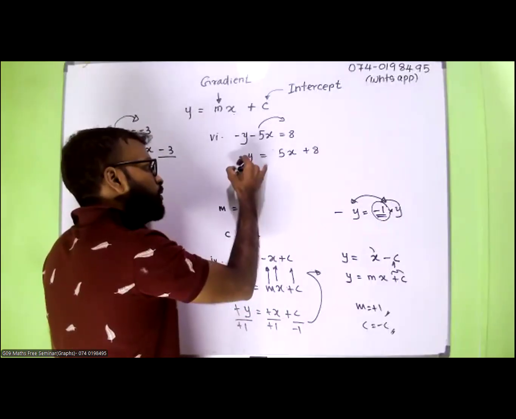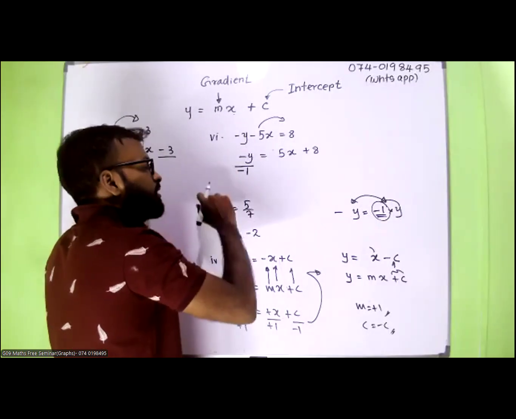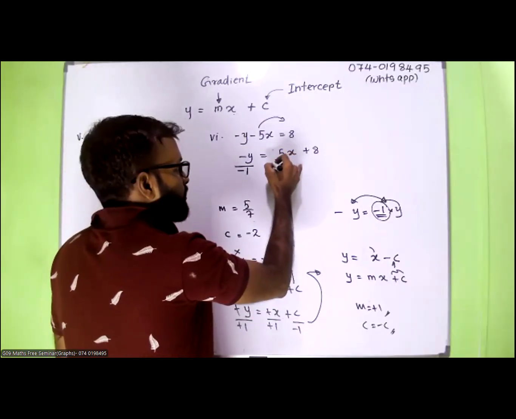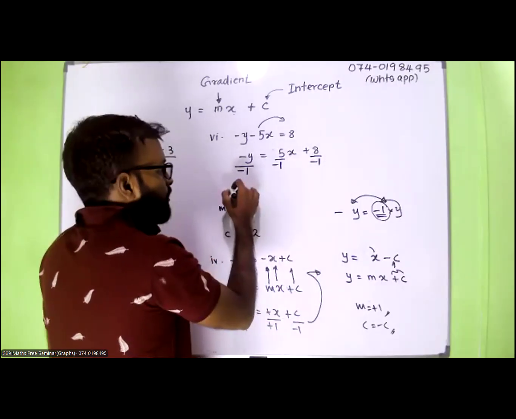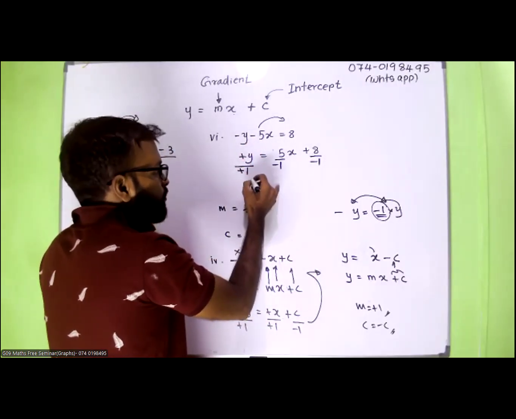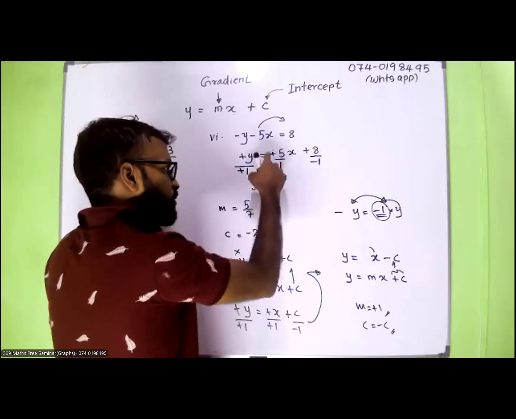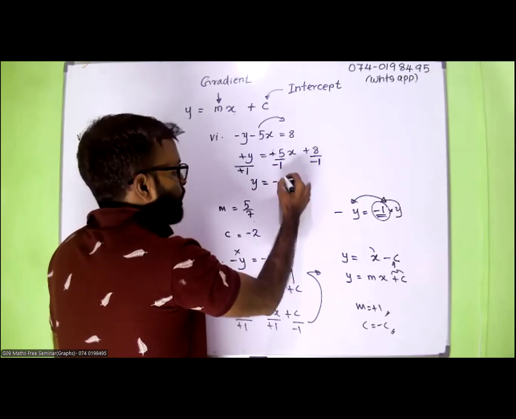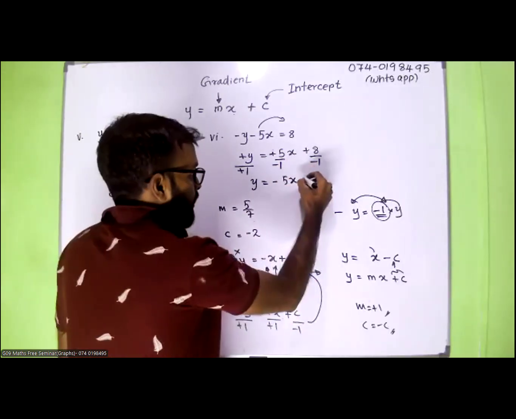So I am going to divide this term by minus 1. You have to divide this term by minus 1 and this term by minus 1 also. Right? Negative to positive. Y equals, here you have positive 5, positive divided by negative, negative 5x. Positive divided by negative, negative 8.